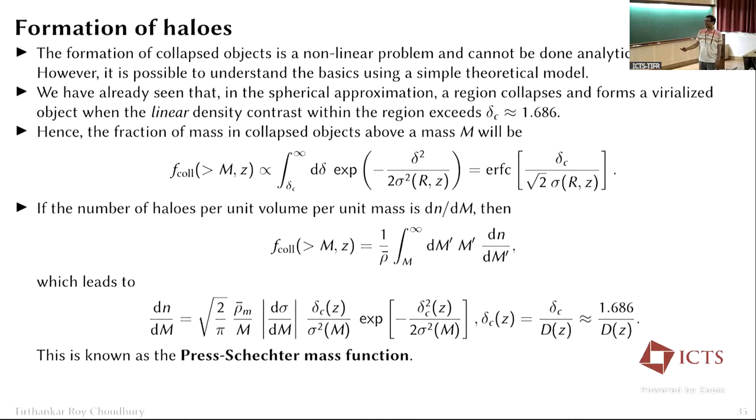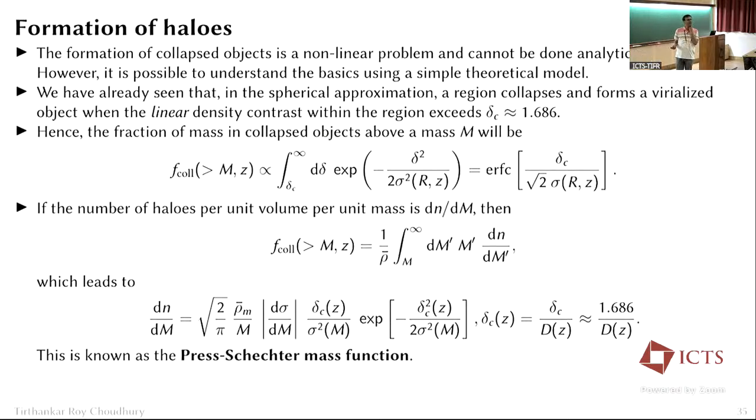It's a closed formula, so you can just write it down and calculate. The only inputs which have gone in here are linear theory and spherical collapse. No full nonlinear calculation has gone in, and you can still find the expression for the mass function.